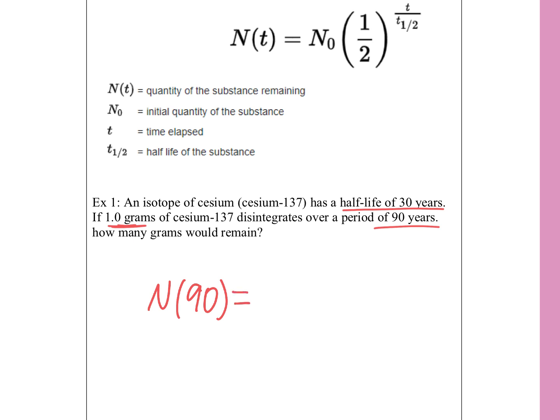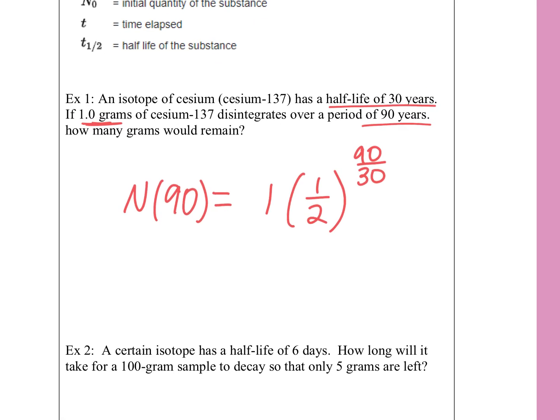So N of 90 equals the initial quantity, which is 1.0 or just 1, times the number 1/2 in parentheses to the T over T sub 1/2 power, which is just going to be 90 over 30. So this is the same thing as just 1 times 1/2 to the, what's 90 divided by 30? 3.